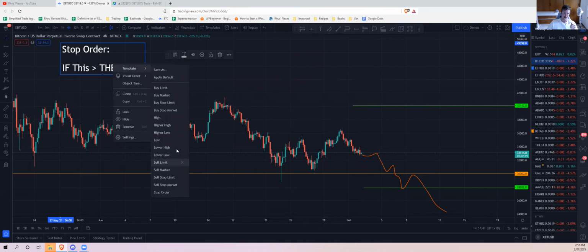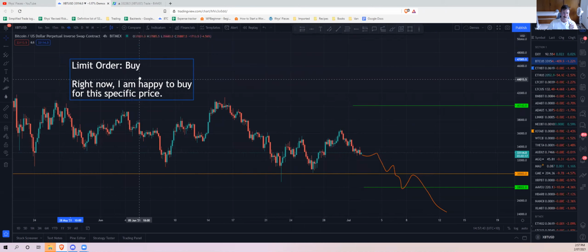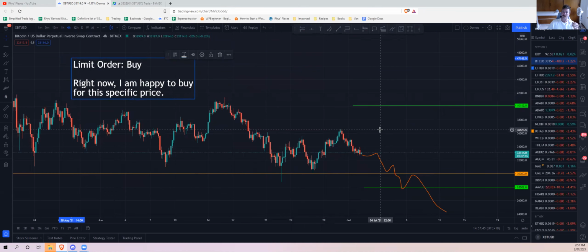So let's go to a buy limit that says right now I'm happy to buy for this specific price. If you wanted to buy if price got to 40,000, you couldn't do that right now with a limit order because it would automatically execute, because people are currently happy to sell for 33,000 and you're saying you're happy to buy way up here. So the exchange will go, all right, those guys are happy to make a deal, and it'll sort you out.